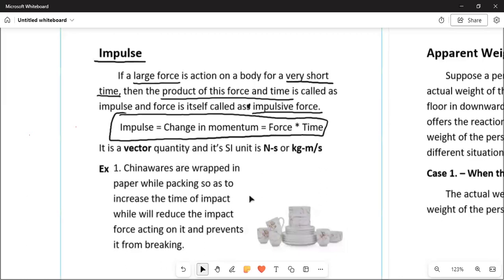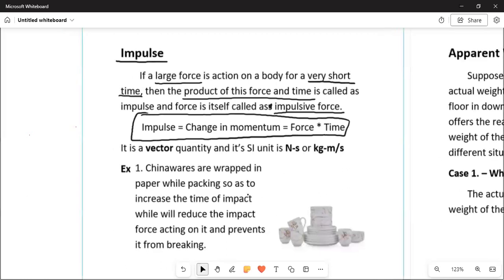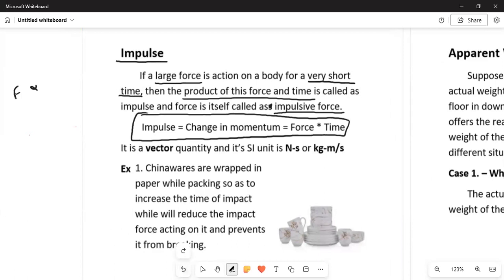In the second law, we saw that F was directly proportional to mv minus mu divided by t, right? And if we multiply this t with F, what will it become? Force into time.